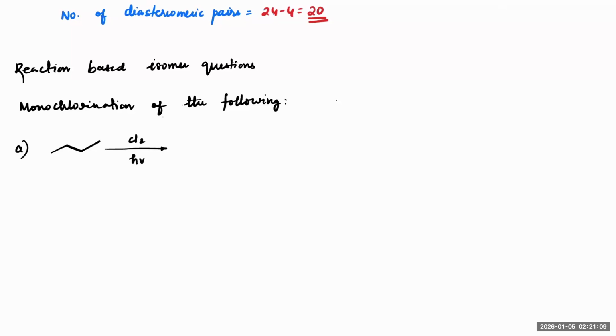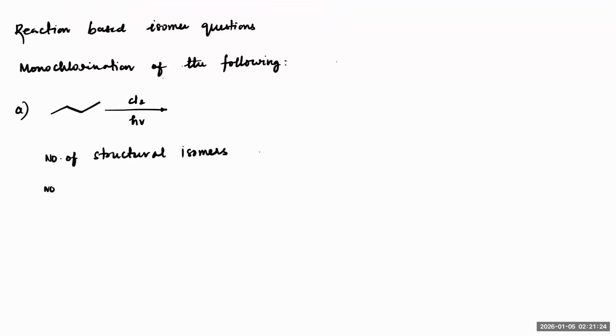We need to figure out all these questions, that is number of structural isomers, how many structural isomers I can get, or number of isomers, total isomers, including stereoisomers, how many we can get.